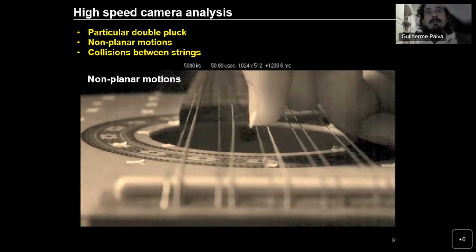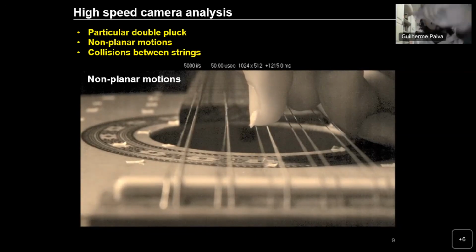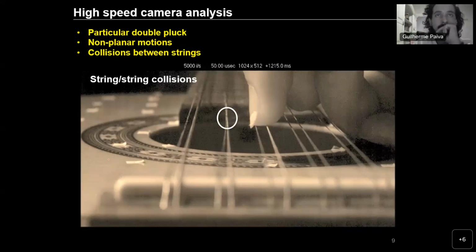We can note also the non-planar motions of strings. And finally, the string-string collisions, okay? So this is an important phenomenon that influences the sound of the instrument, okay?